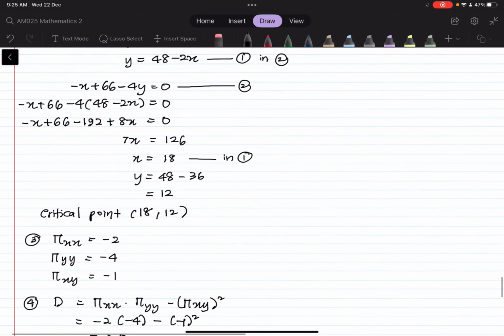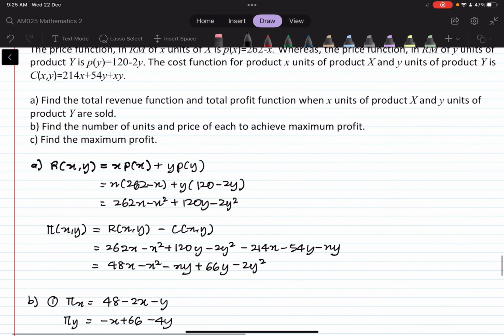Now let's find the third question: find the maximum profit.